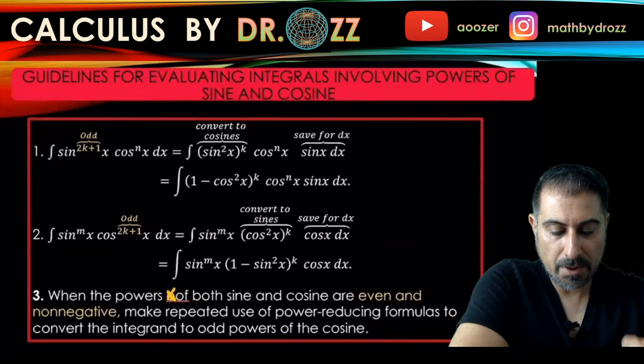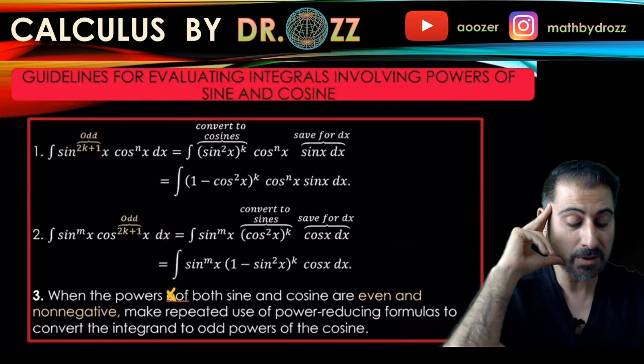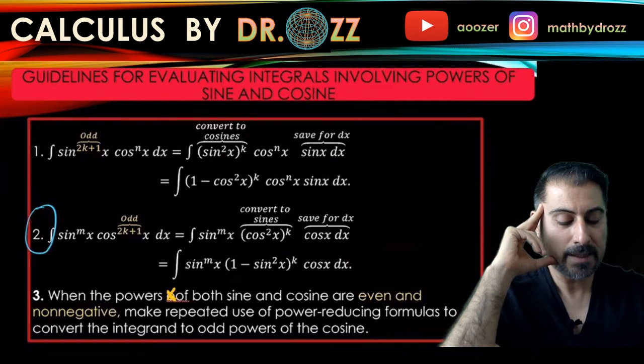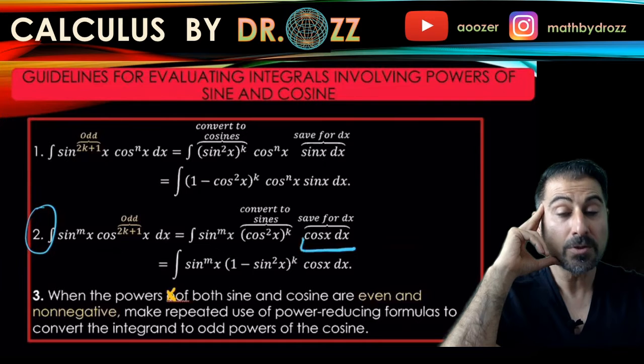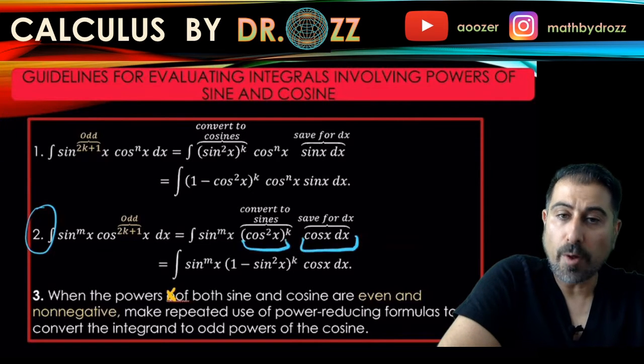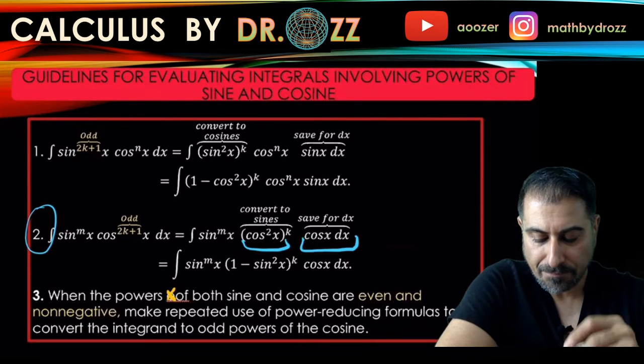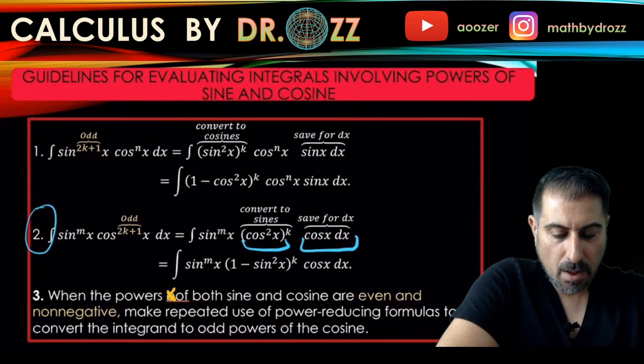So here we go. I'm going to use number 2. All I'm going to do here is reserving one cosine for dx and replacing the cosine squared related term with 1 minus sine squared, and I'm going to call u to be sine x eventually. Okay, so let's do it.